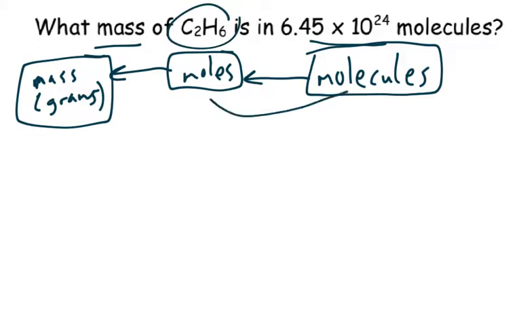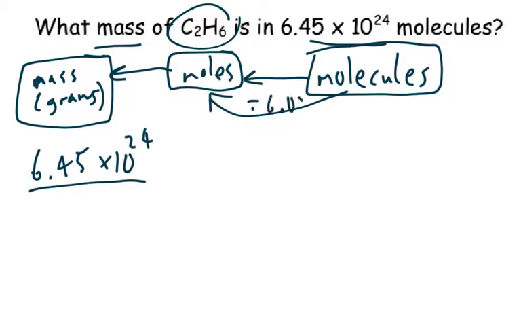Let's do the first step here. So we're starting with molecules, 6.45 times 10 to the 24 molecules. If we divide by Avogadro's, which will be the first step here, divide by 6.02 times 10 to the 23rd. Let me fix this up here. And I'll tell you right now what it is.